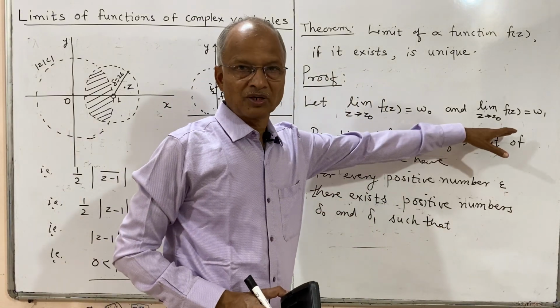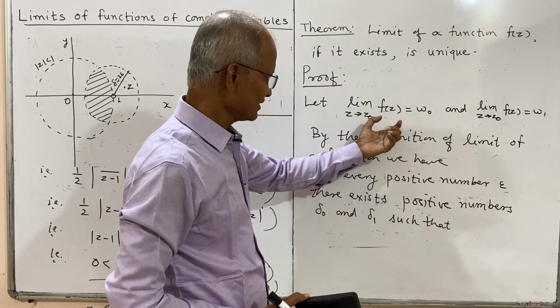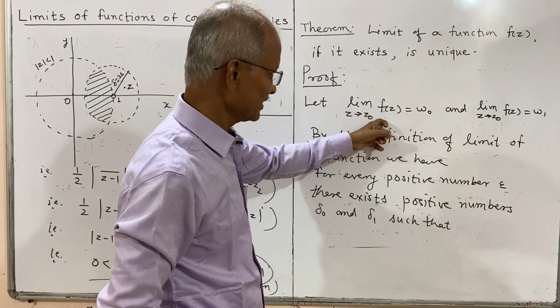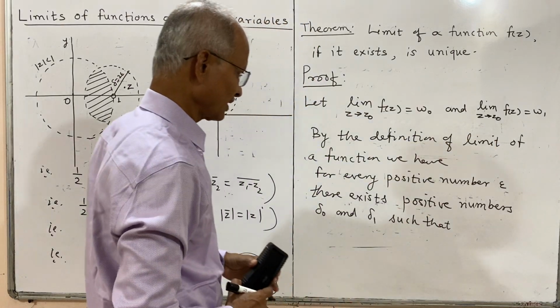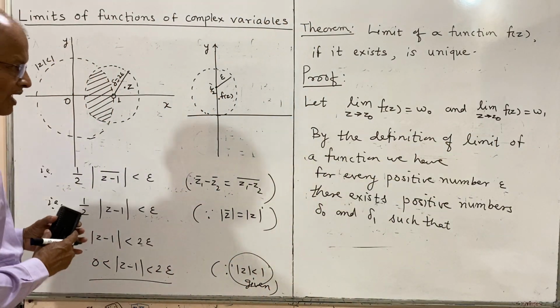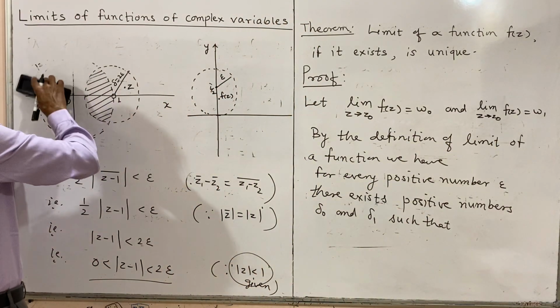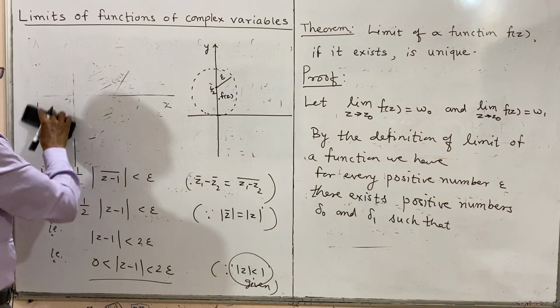Because we have assumed two limits, and delta naught is the positive number for the first limit, delta 1 for the second limit. Epsilon we have taken the same.